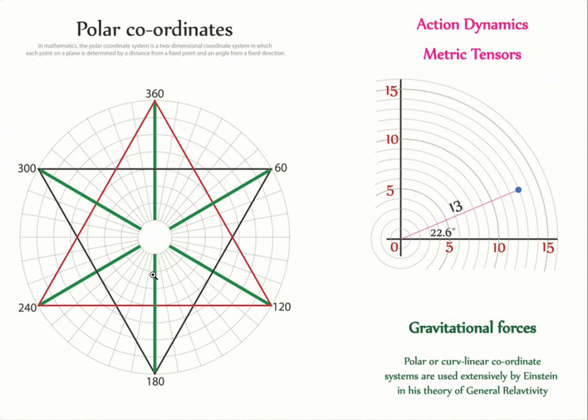Of course, in the case of relativity using spherical coordinate systems, the polar or curvilinear coordinate system developed by Einstein through Riemannian curvatures is a polar system. So it is c to the fourth, not c to the third, as we've just previously discussed.